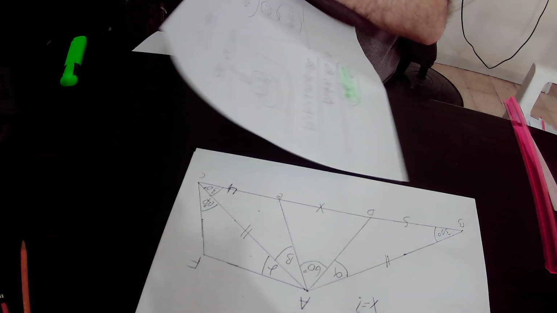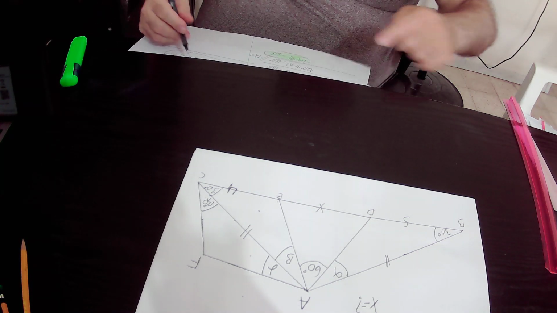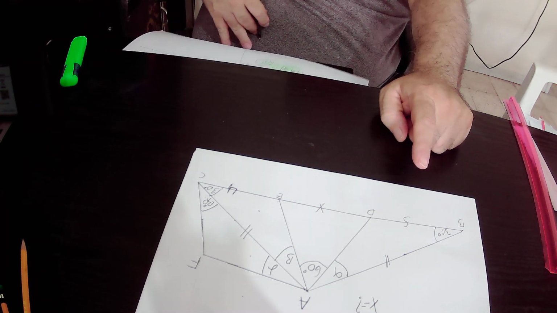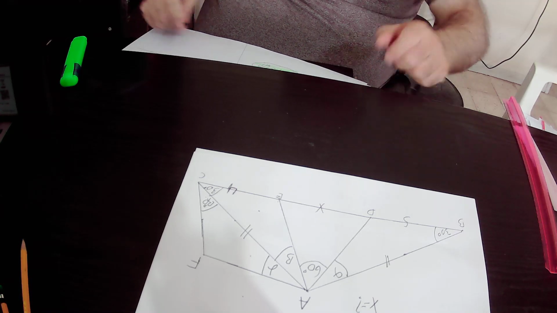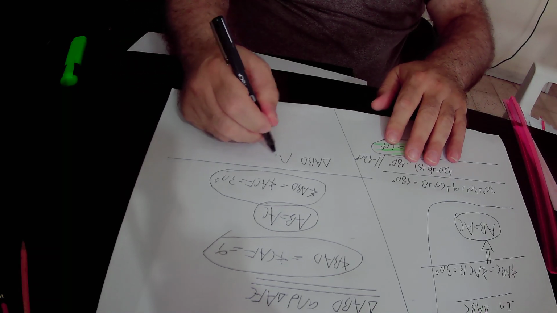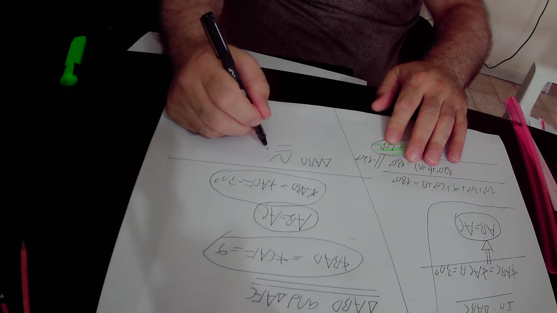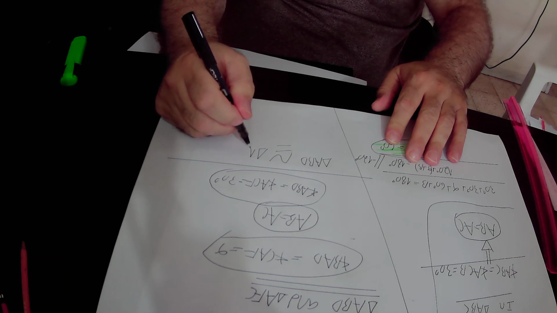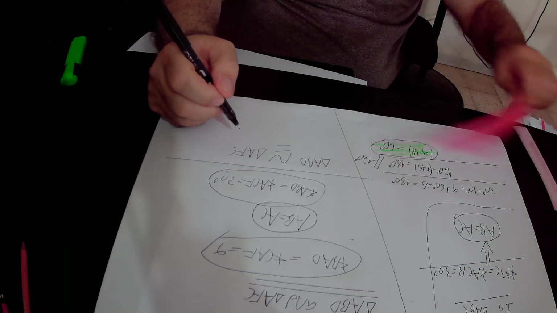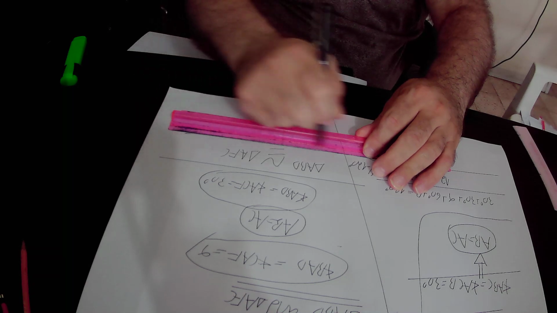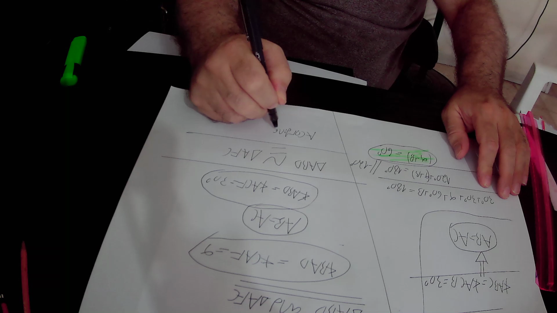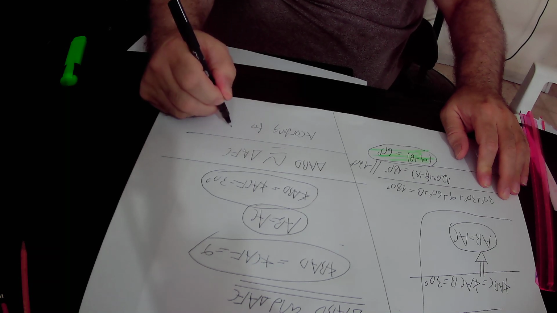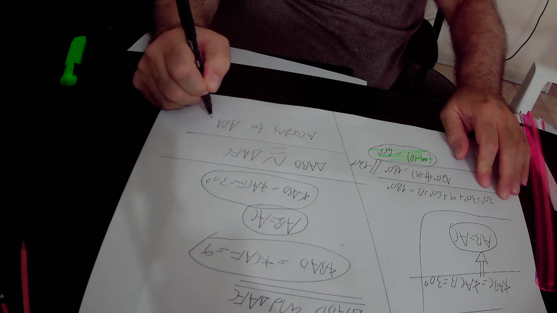Okay, so we actually proved that triangle ABD is congruent, this is the sign of congruent, to triangle AFC, according to the angle side angle rule.